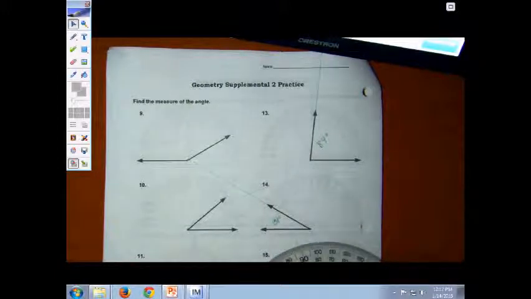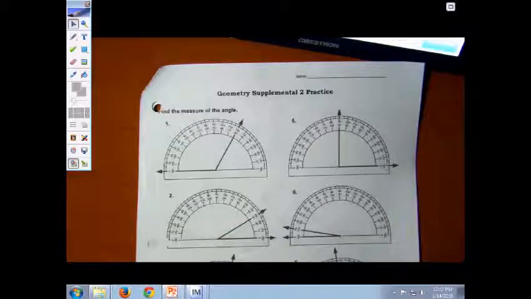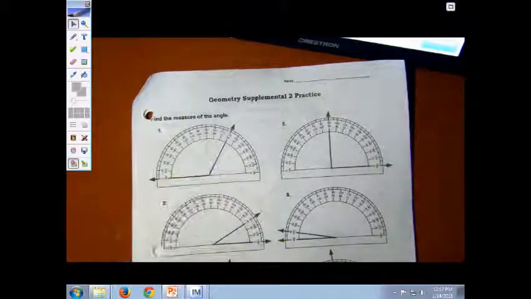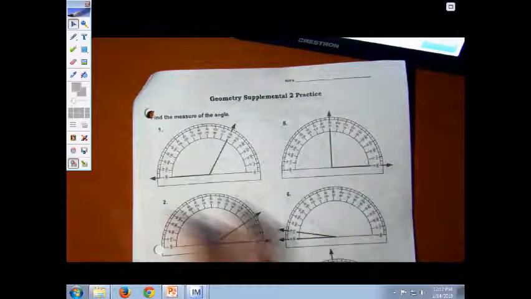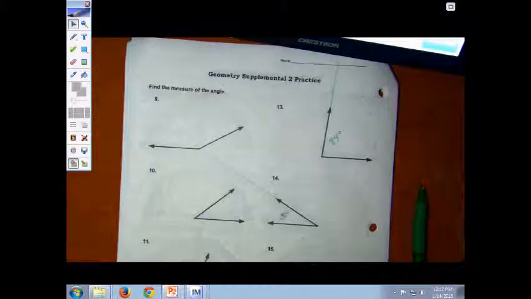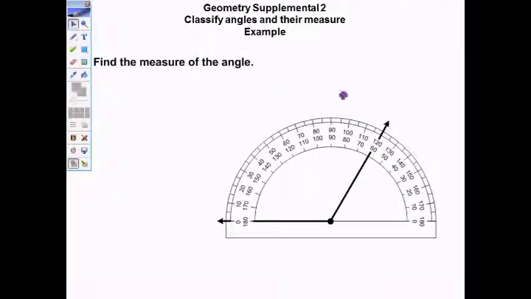Okay, did that help clear up how to use these things? On your assignment, you've got this page that has the protractors already on there, so you'll do that. Obviously we're bigger than that 90.